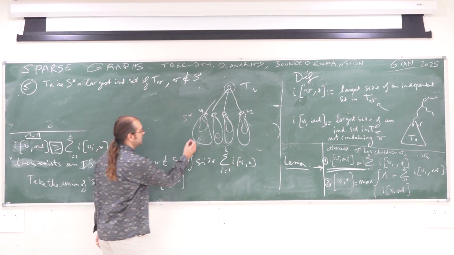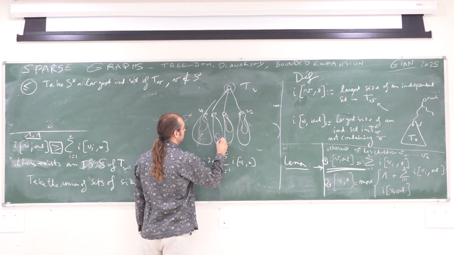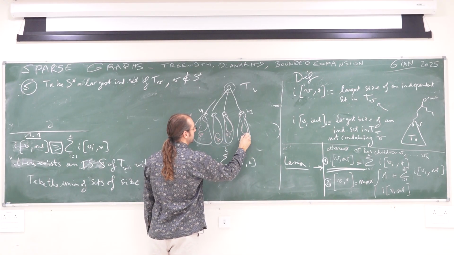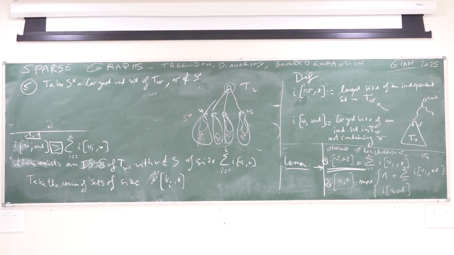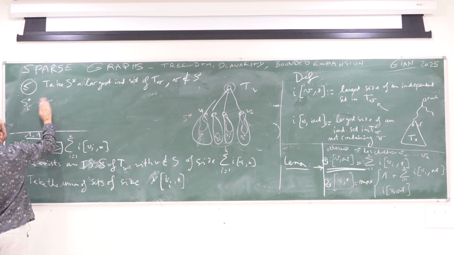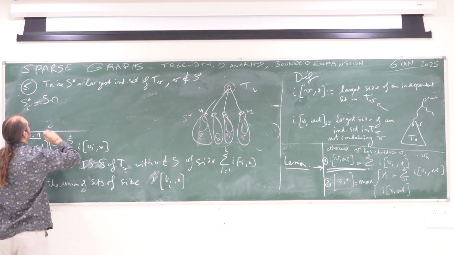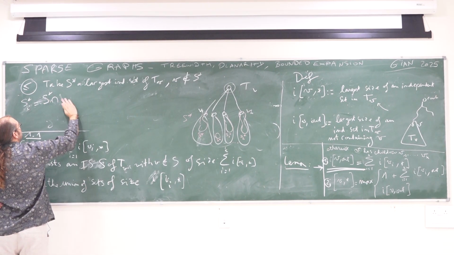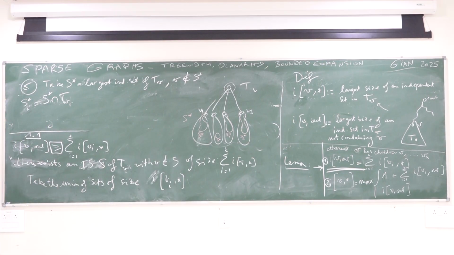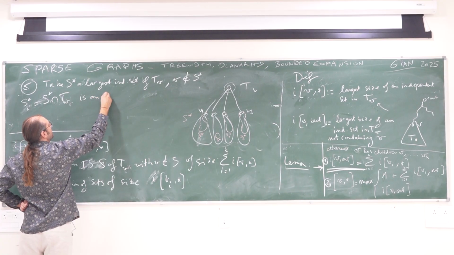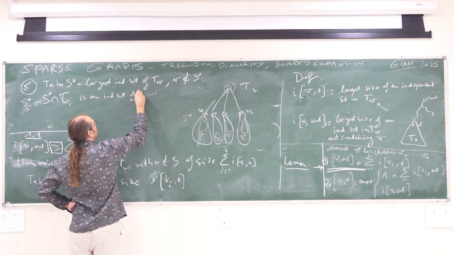So let's call these S1 star, S2 star, SK star. Each of them is an independent set of the subtree, so it cannot be larger than that, by definition. So Si star is the intersection of S star with the subtree TVi. It is an independent set of my subtree.